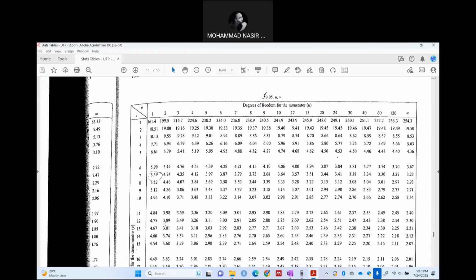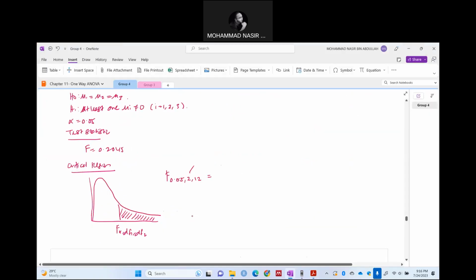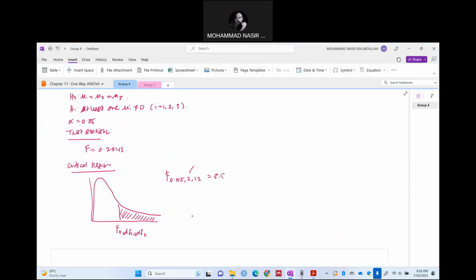So 3.89. Nampak? You know how to read this one? 3.89. Degree of freedom number 1 is 2, which is U. The second one, number 2, is 12. 3.89. Okay? Jangan ada yang salah. Salah ni malu. 3.89.